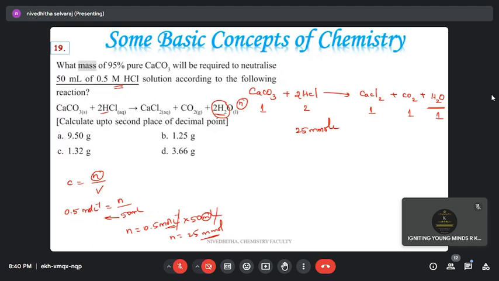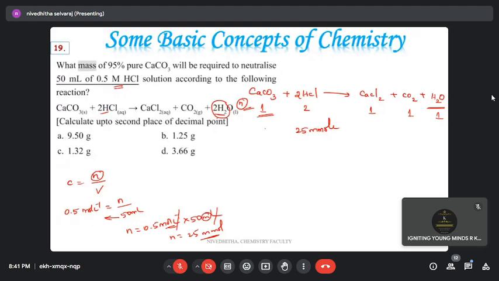Okay. So to neutralize this 25 millimole of HCl, what quantity of calcium carbonate is required? According to this inference, what moles of calcium carbonate are required? 1 mole, ma'am. No. Actually, the inference is the calcium carbonate required must be half the quantity of HCl, right? So here HCl is 25 millimole.